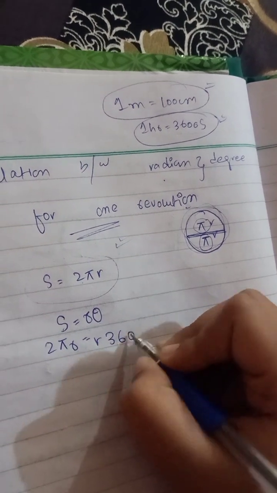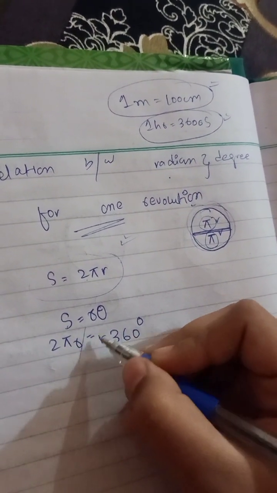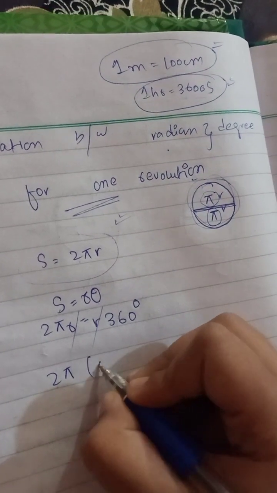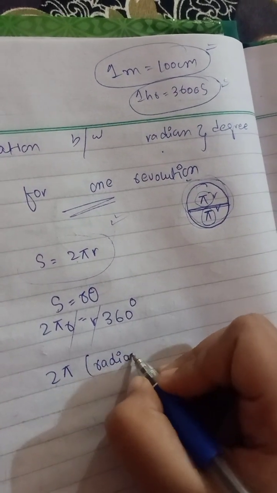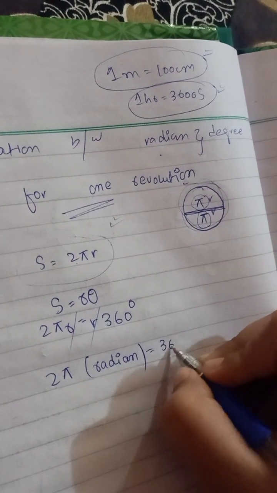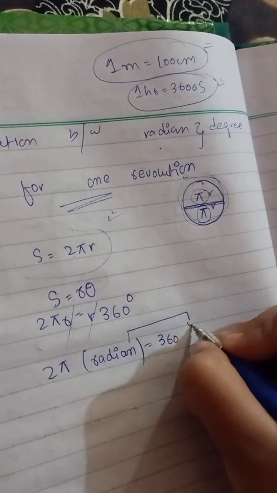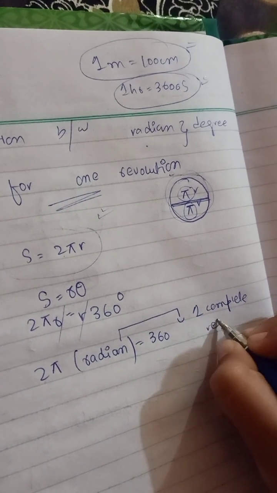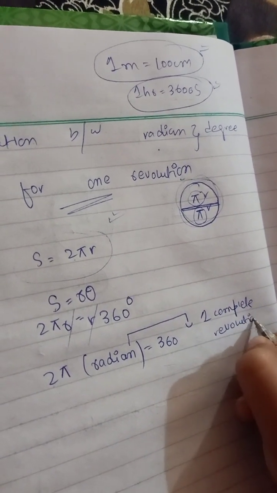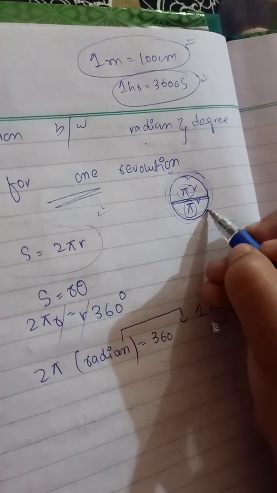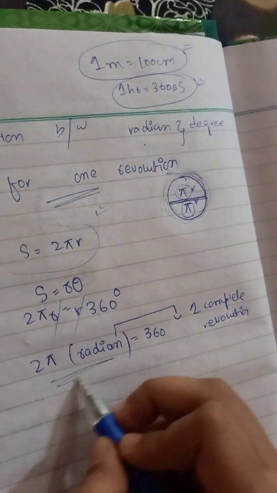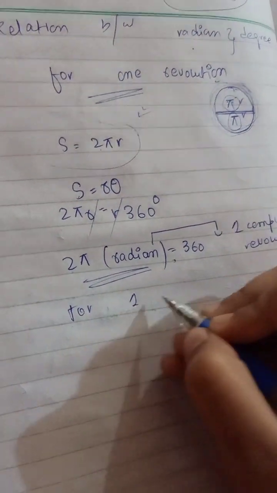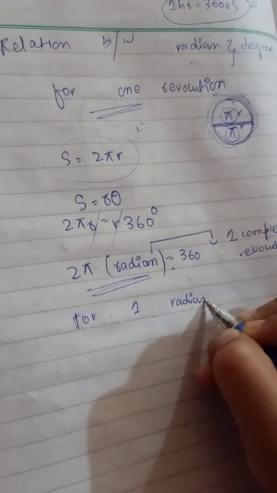Here r is cancelled by r, so only 2 pi radian remains, as you all know. So 2 pi radian is equal to 360 degrees. This is the formula for one complete revolution.